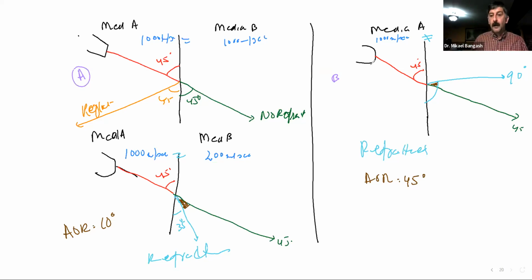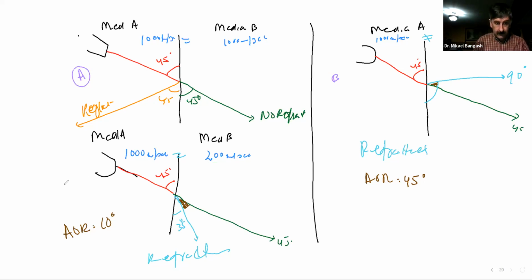Clear? Okay. Of the numerics, we mainly say that in this case, our beam deviated, or refracted, by an angle of 45 degrees because it went from 45 degrees to 90 degrees. Clear? So that's how much it refracted.